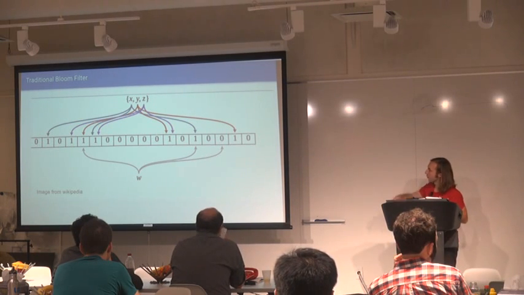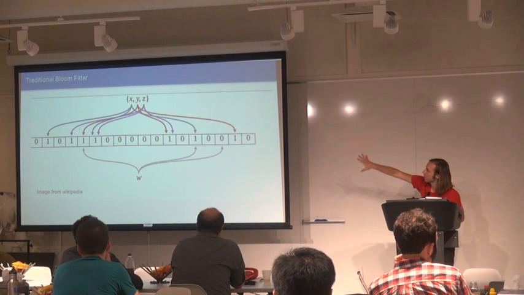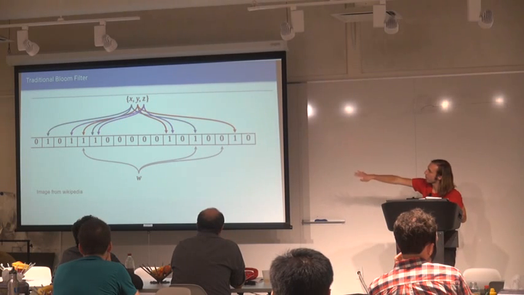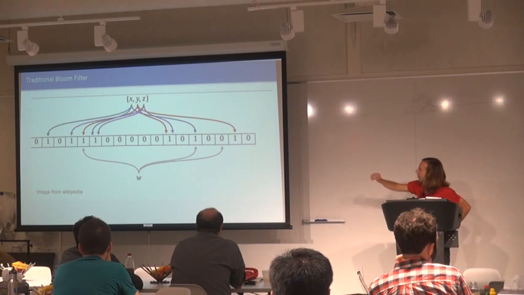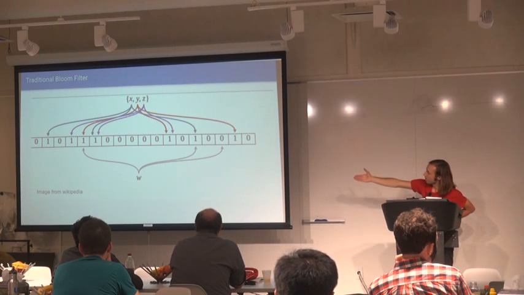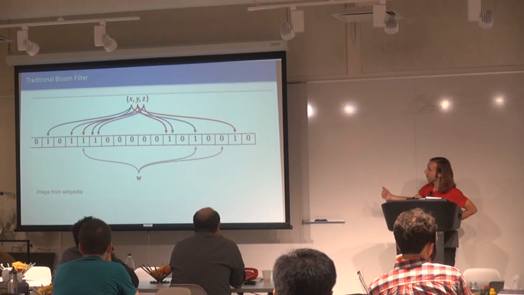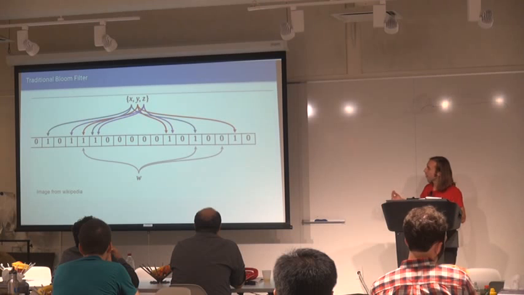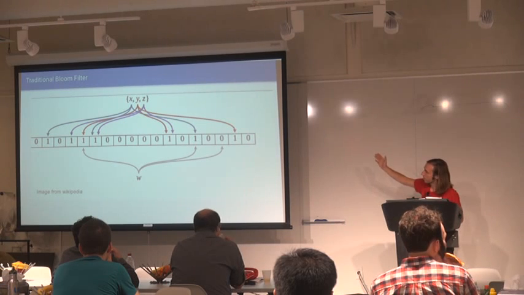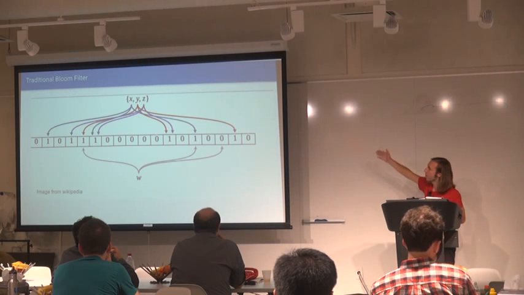So that's showing X, Y, and Z all inserted into the Bloom filter. Does that all make sense so far? Okay, cool. And then now we're doing a lookup of W. We hash the item in the exact same way using the same hash functions, and then we look up each of the 3 bits.